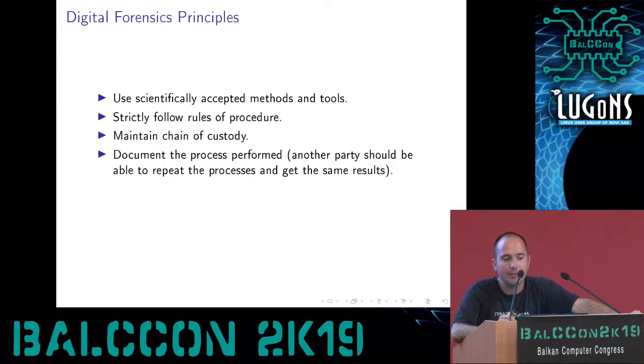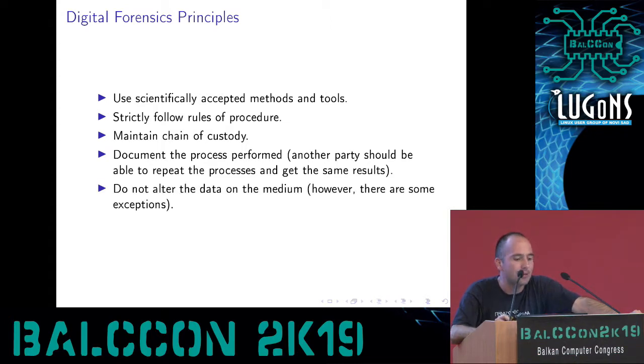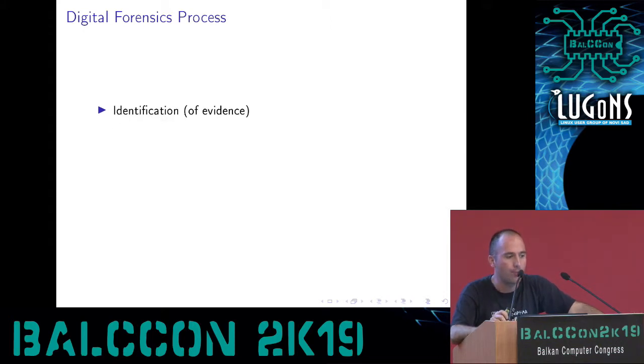The idea is that another party, for example, another forensic examiner, can repeat the same process and get exactly the same results. And the last principle says that we should not alter data on any medium. However, there might be some exceptions, and I'll come to those exceptions later on.